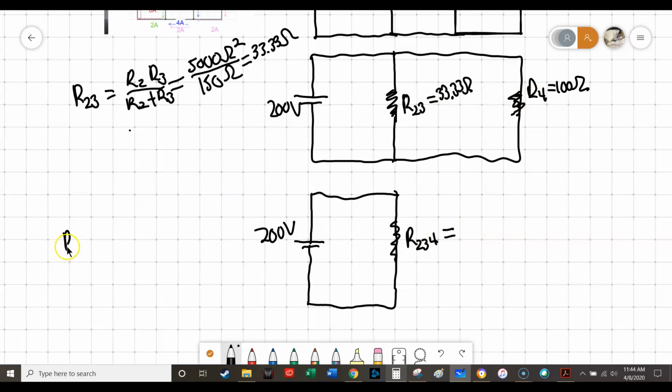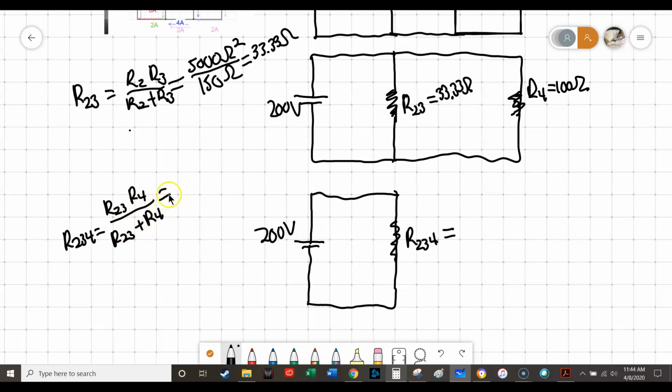Well, R234 is going to be equal to R23 times R4 over R23 plus R4.